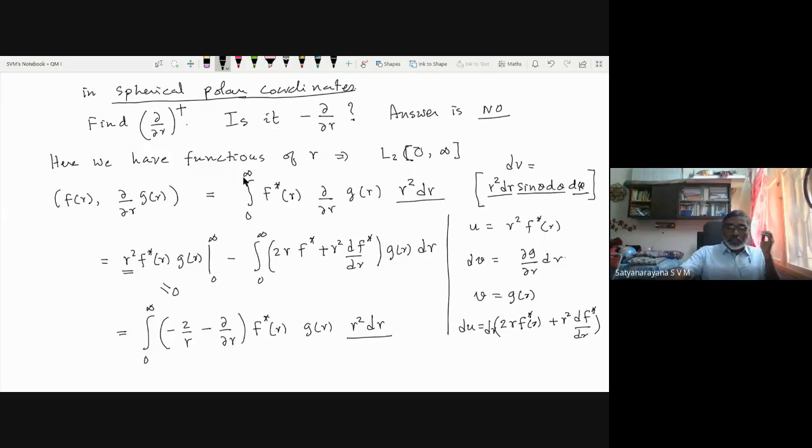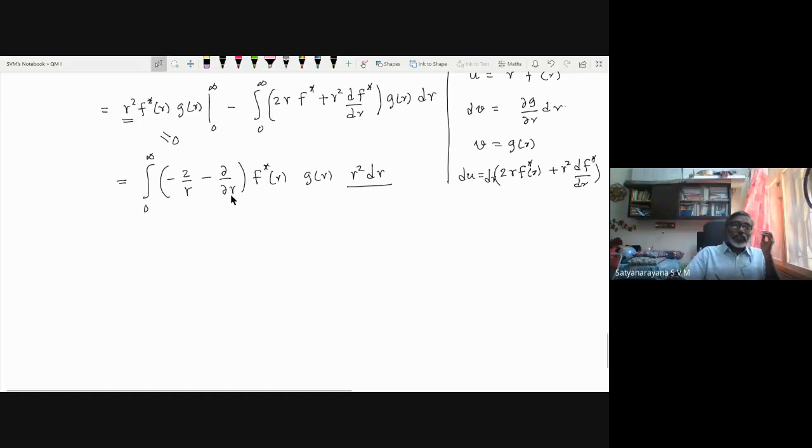So if I write this as an inner product, I have minus 2 by r minus dou by dou r, this operator acting on f of r, comma g of r.